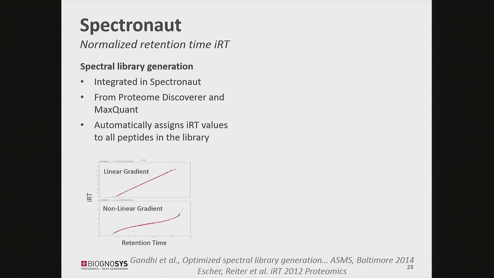Now what happens if you measure all these peptides again on a gradient and you plot the RT versus IRT? If you have a linear gradient, it basically shows you just a straight line. If you use a nonlinear gradient, it looks like that. So you can basically predict the retention times of all the peptides in your gradient. You can also see if something is crooked in your LC. If you have a hiccup somewhere, you can immediately see it in this visualization.